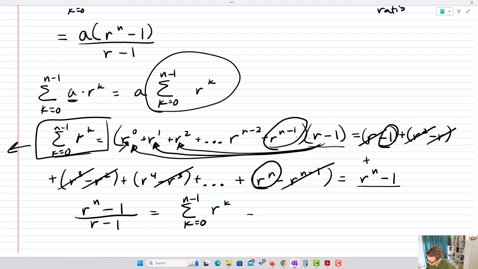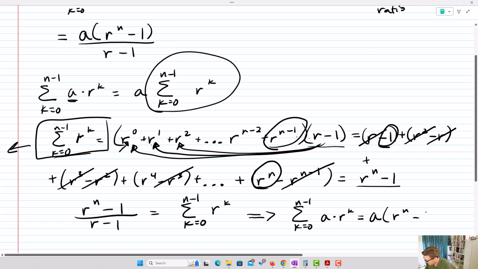So my explicit formula, the sum k equals 0 up to n minus 1 of a times r to the k, is going to equal a times r to the n minus 1 over r minus 1. That's kind of neat. I actually think that's kind of cool.